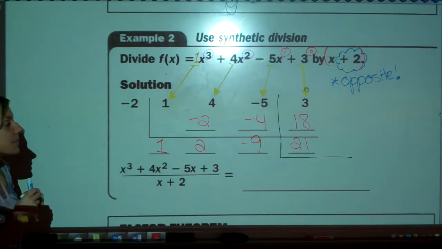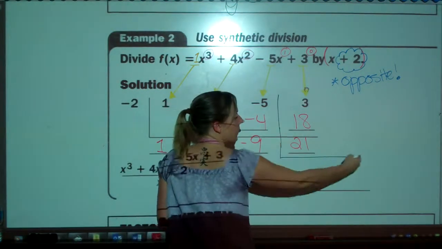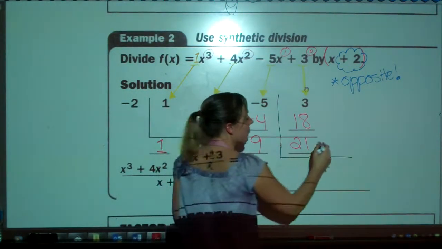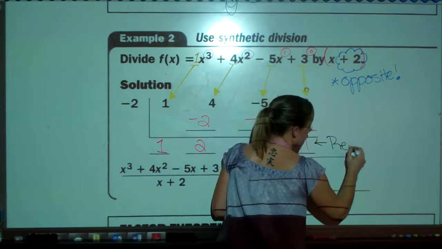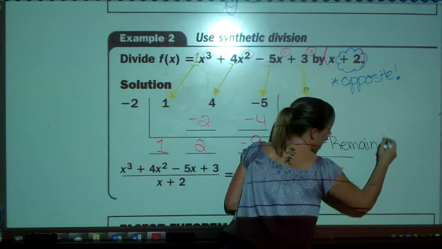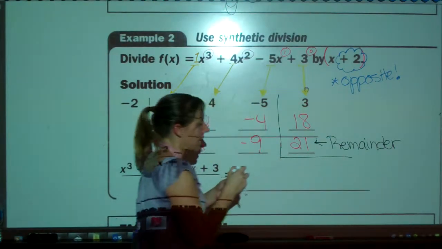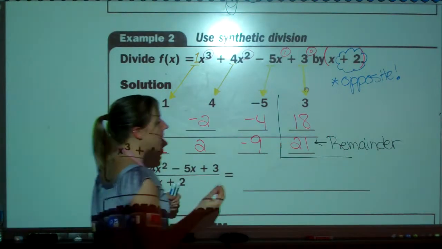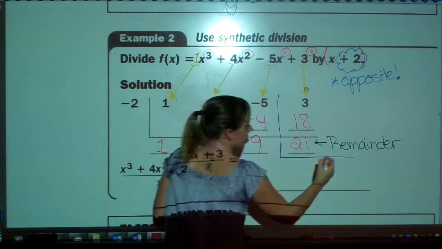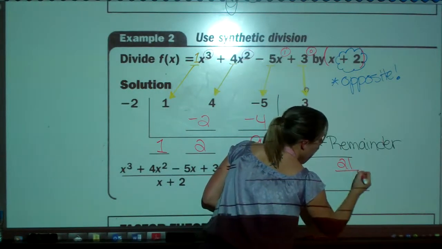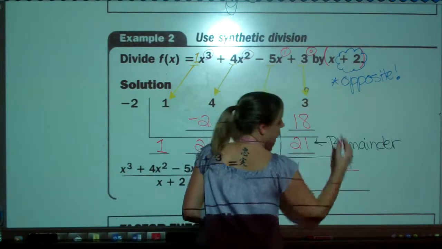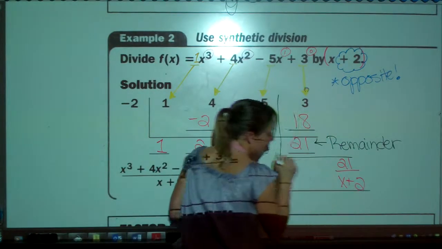Okay? What happens is this last number, that's why we kind of boxed it off, this is our remainder. Okay, that's our remainder. So you're going to write it as 21 over x plus 2, because that was what we were dividing by. Okay?